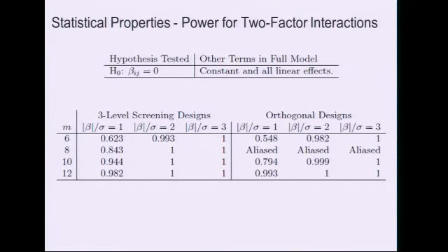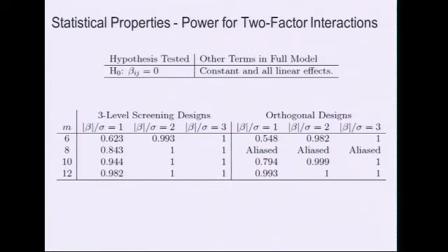And for estimating interactions, for the regular 2 to the 8 minus 4 design, all the 2-factor interactions are aliased with each other, so you can't talk about power there.